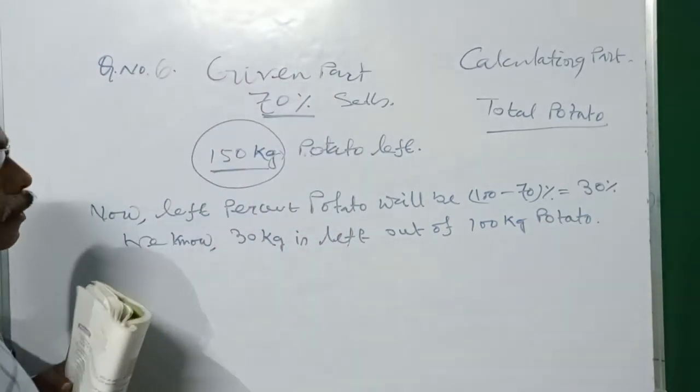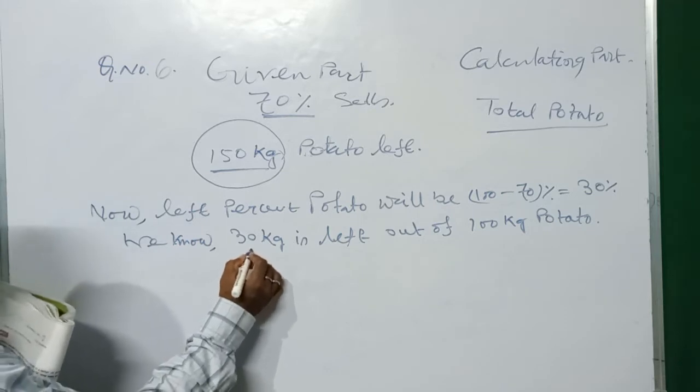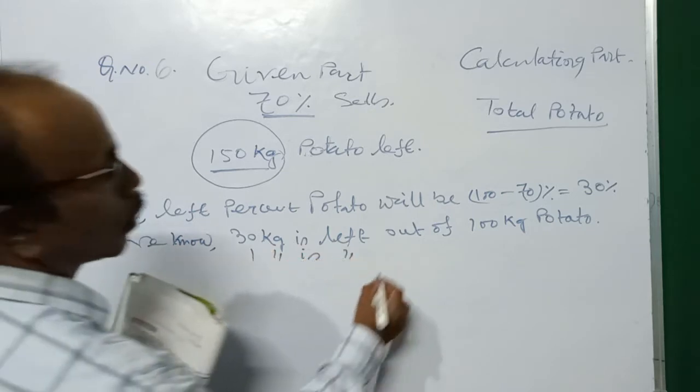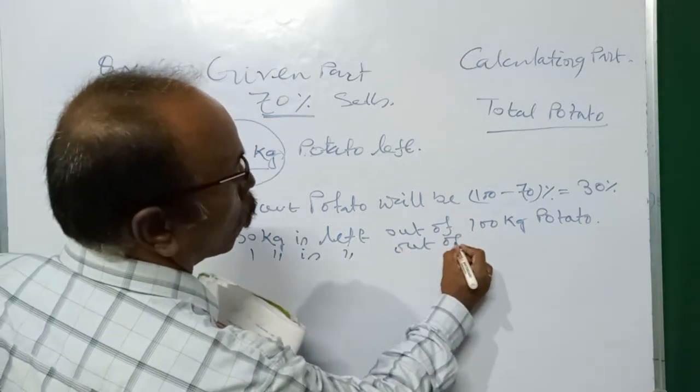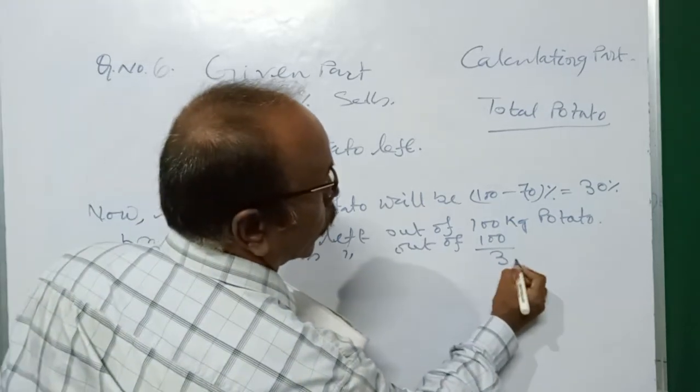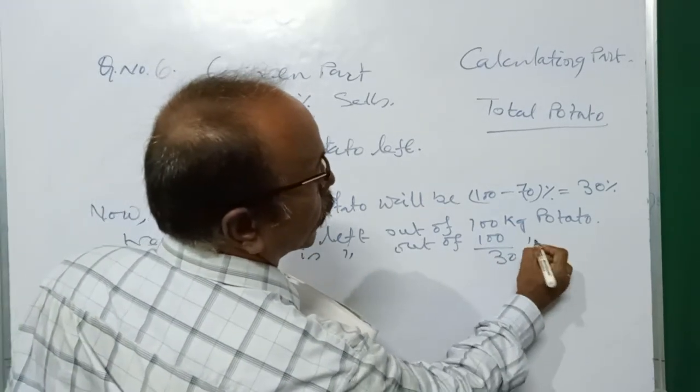Next, 1 kg is left out of 100 divided by 30. It is less, so it will be divided.